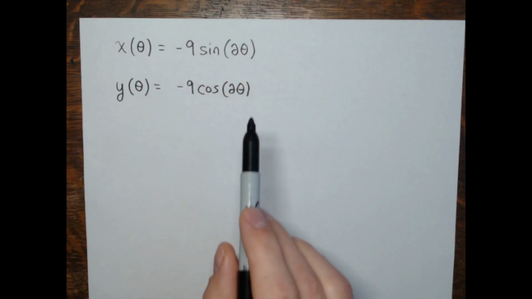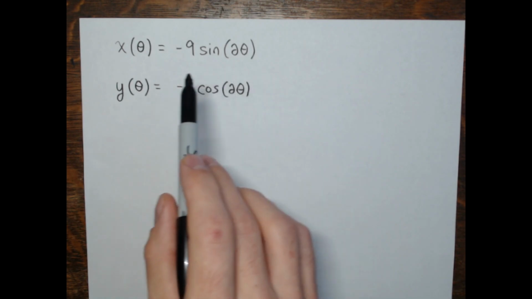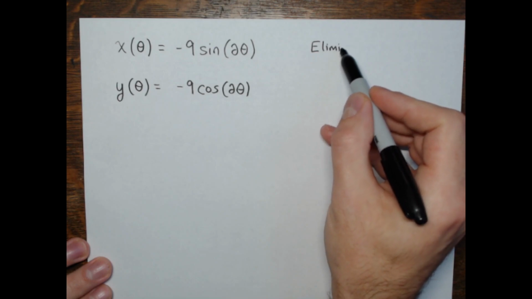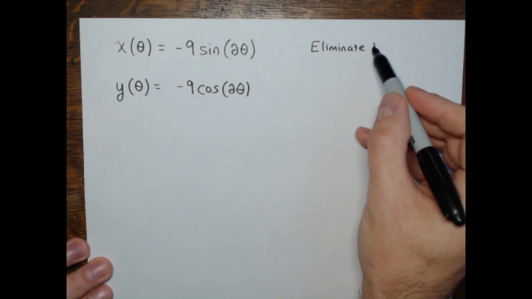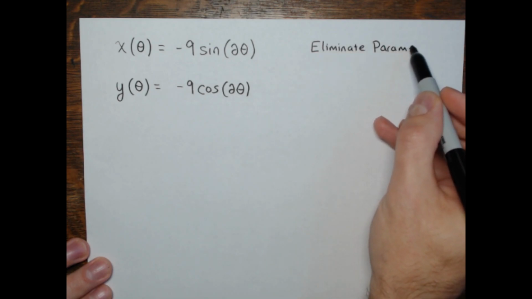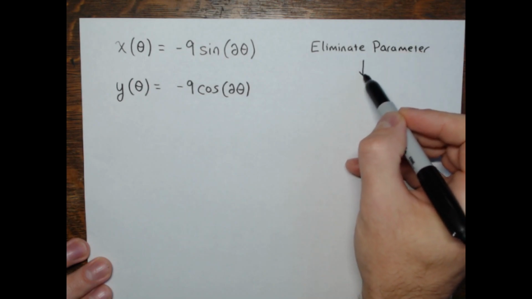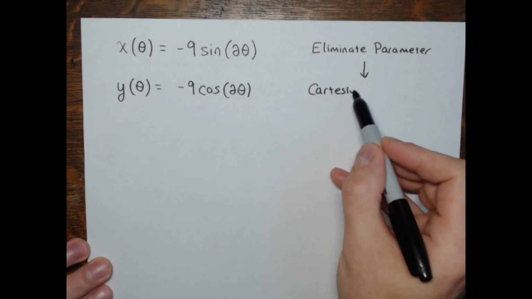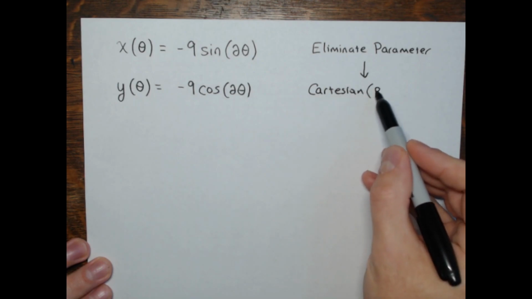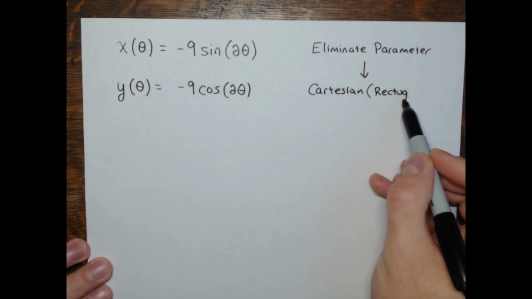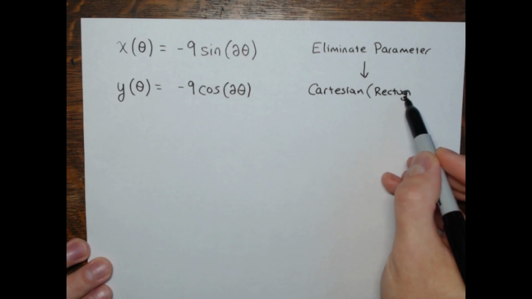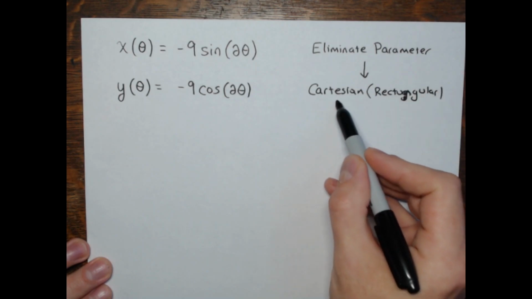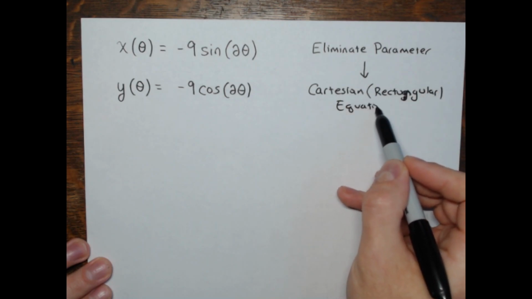All right, now I'll give you a little tip here. Usually when they say eliminate the parameter, that means what they called in the problem a Cartesian, or what I called in the first example a rectangular equation.